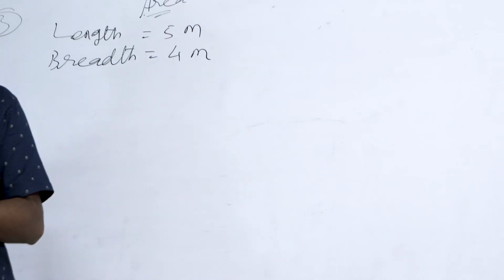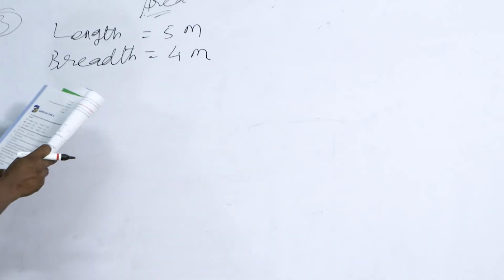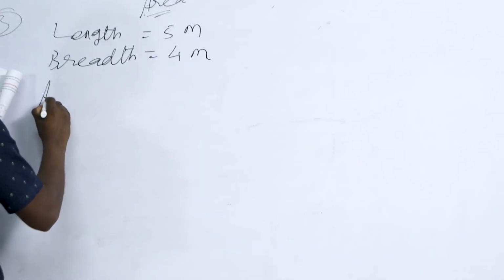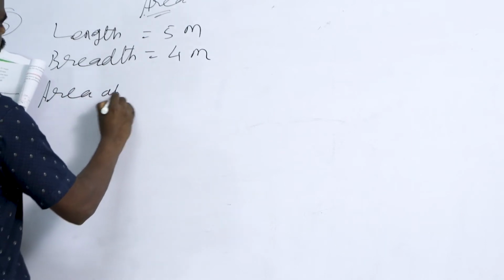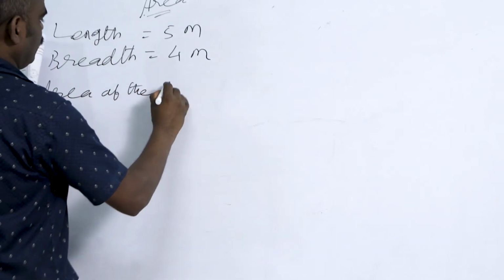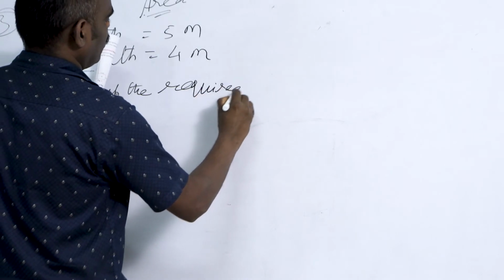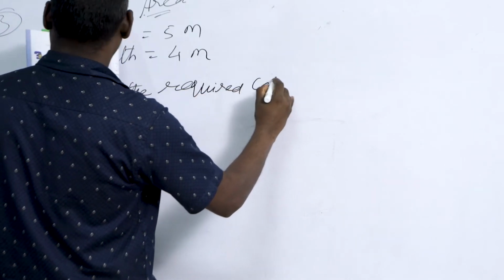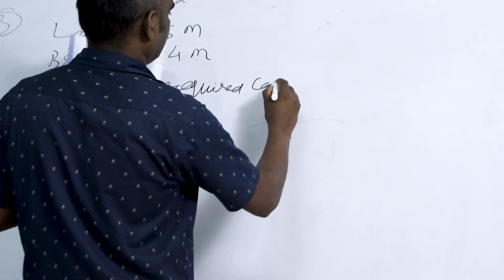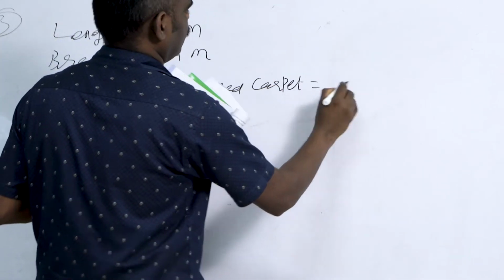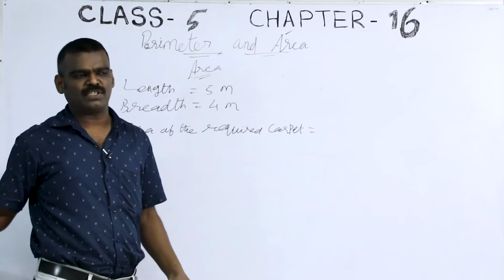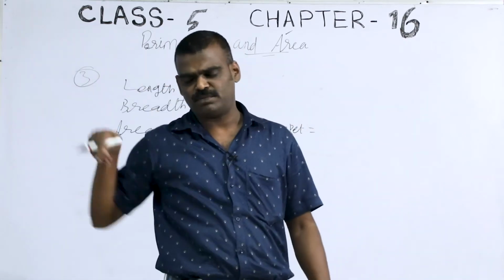So the area of the required carpet is nothing but the area of your floor.